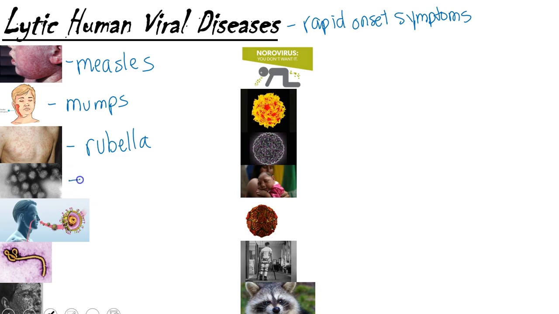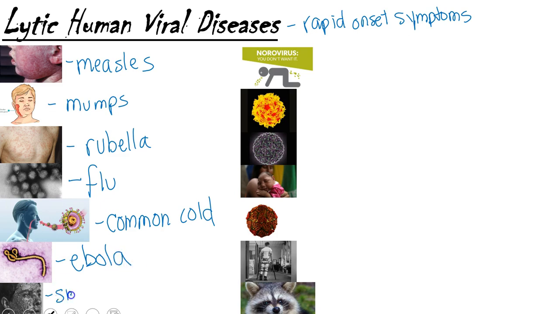All right. We also have things like the flu, and there's lots of different kinds of flu. And the common cold is another common virus that is a lytic cycle virus. All right. But again, these viruses can have pretty devastating effects as well. We have things like Ebola that can infect humans, smallpox, which has been eradicated, but used to be a very severe disease, all right?